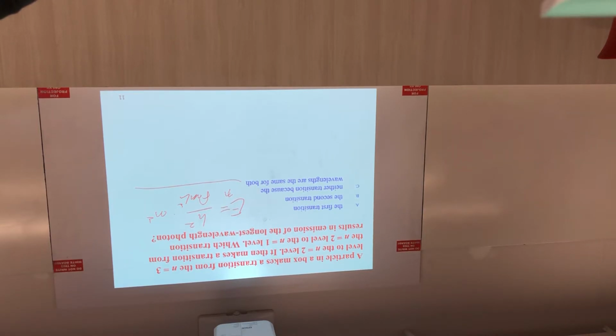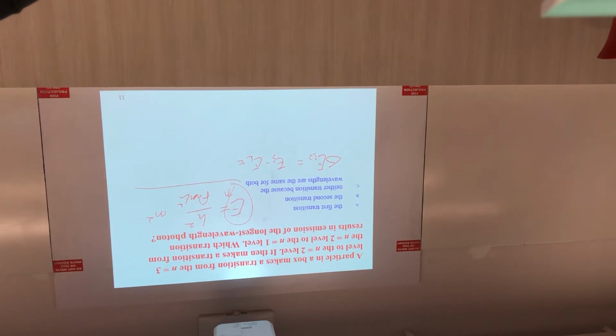It's a bit challenging. So let's first try to find the energy gap between 3 and 2. So our energy gap between 3 and 2 is going to be E3 minus E2, isn't it?